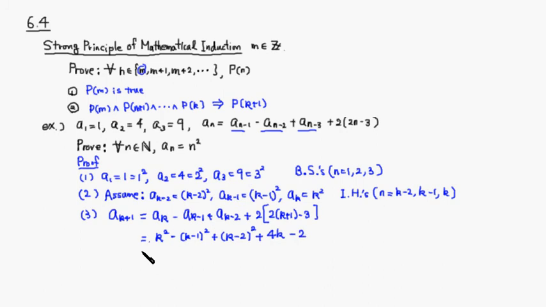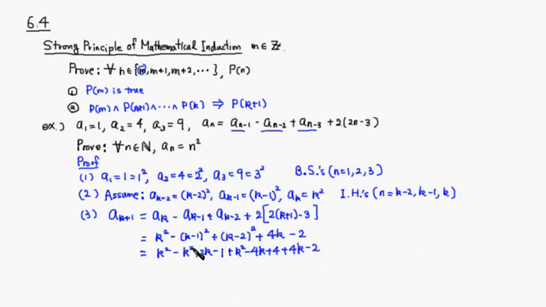If you multiply this out, you have k squared minus (k squared minus 2k plus 1), distributing the negative sign, plus k squared minus 4k plus 4, plus 4k minus 2.